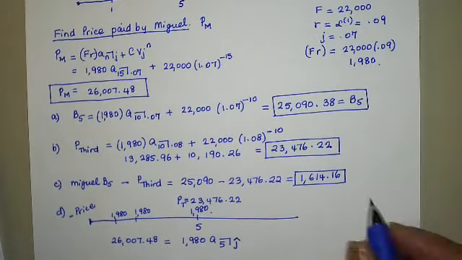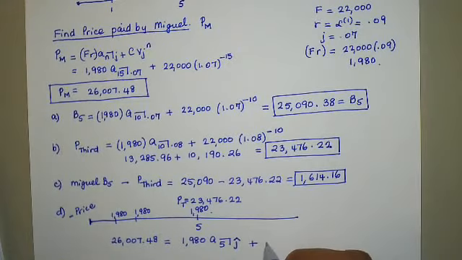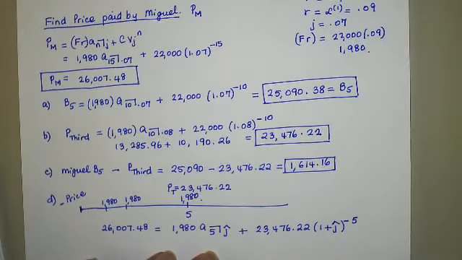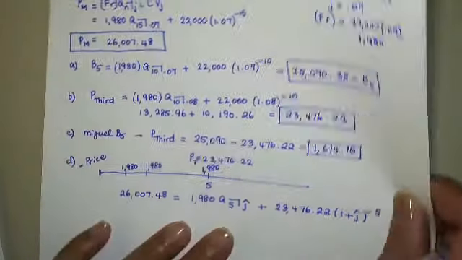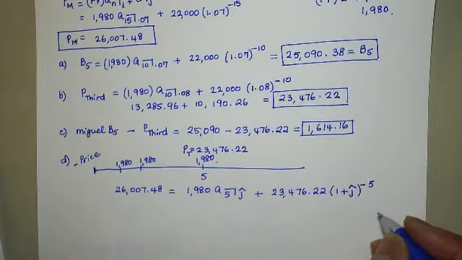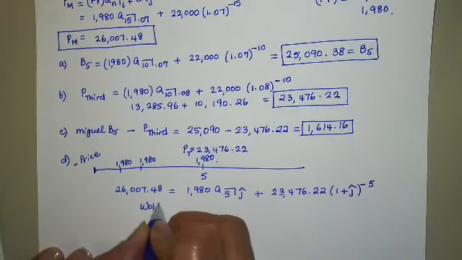That's the price he paid, equals 1980 A angle 5, at J. Let's call it J hat because it's a new yield, plus what the third party paid him, 23,476.22 discounted 5 years, 1 plus J hat to the minus 5th power.